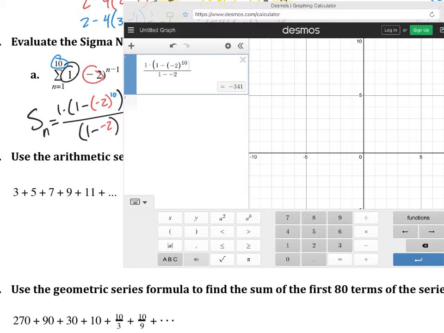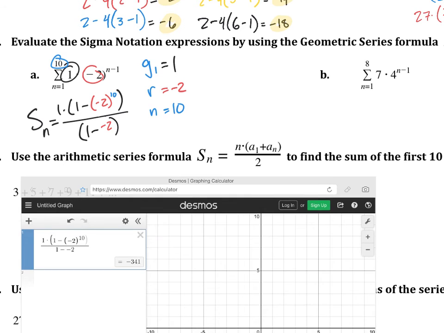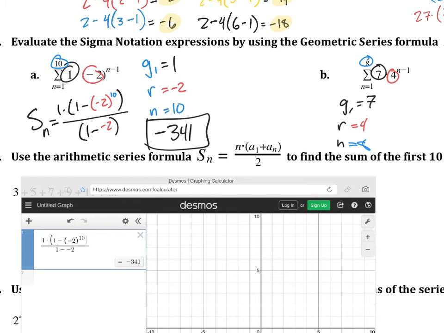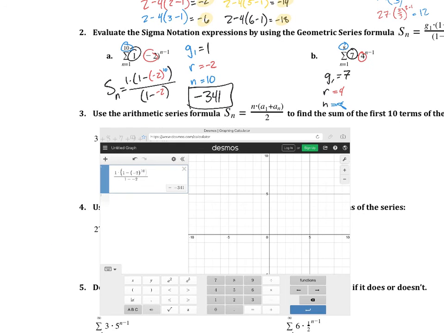So there it is. Okay, same deal here. We just have to find G1, R, and N. Our G1 is 7. Our R is 4. And our N is 8. So I can just take my same Desmos screen and do that.